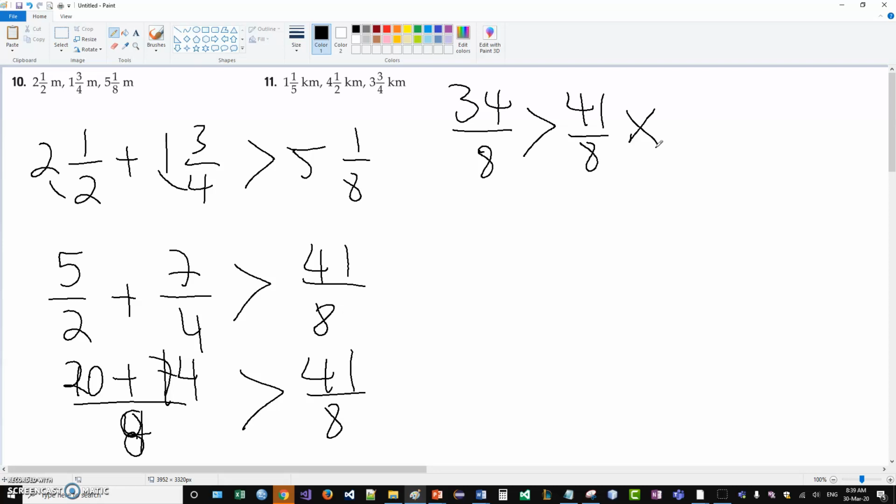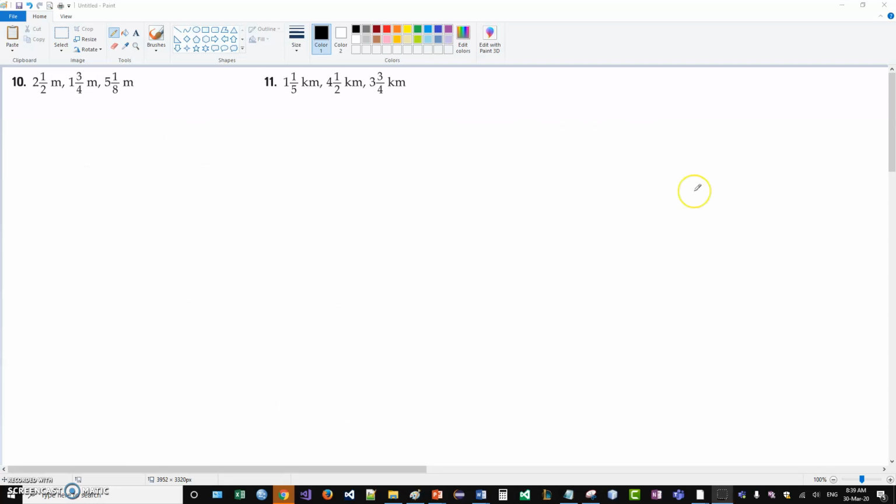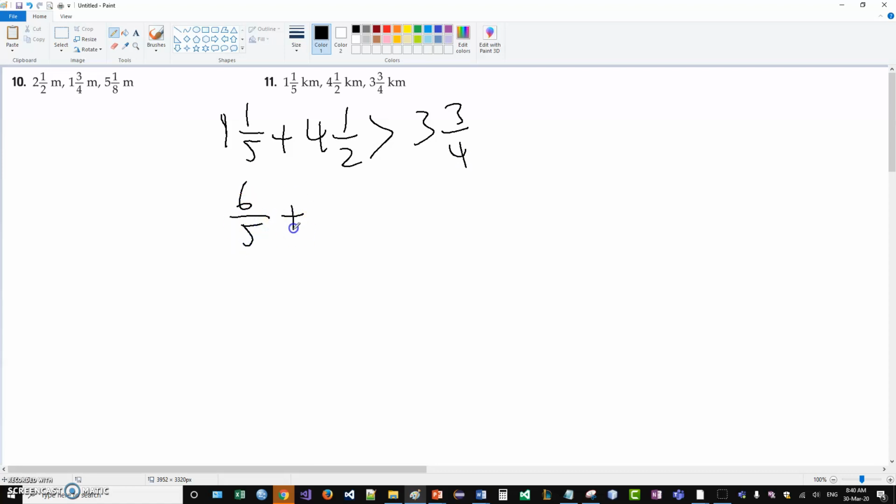Alright, let's move on to the next example. For number 11, 1 and 1/5 plus 4.5, is that greater than 3 3/4? Again, 1 times 5 is 5 plus 1, 6 over 5, plus 9 over 2. Is that greater than 15 over 4? 3 times 4 is 12 plus 3 is 15.